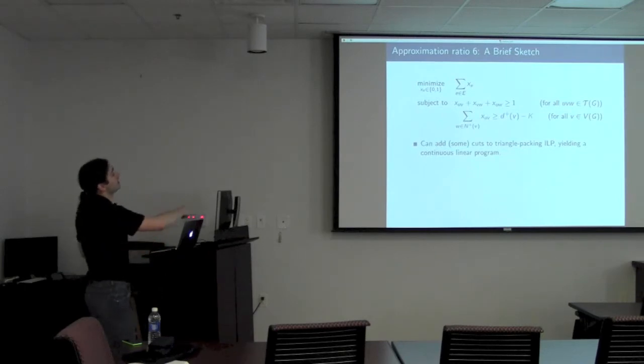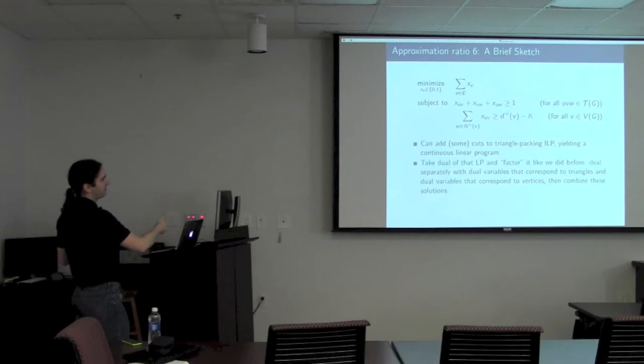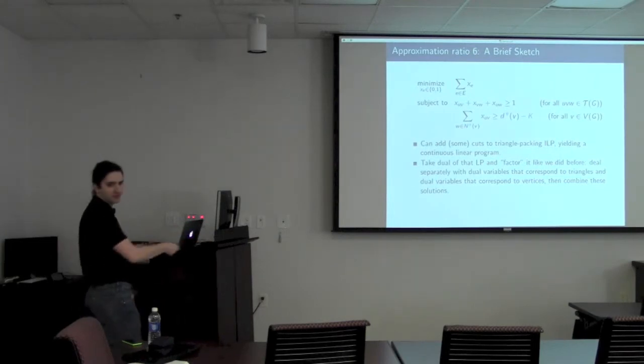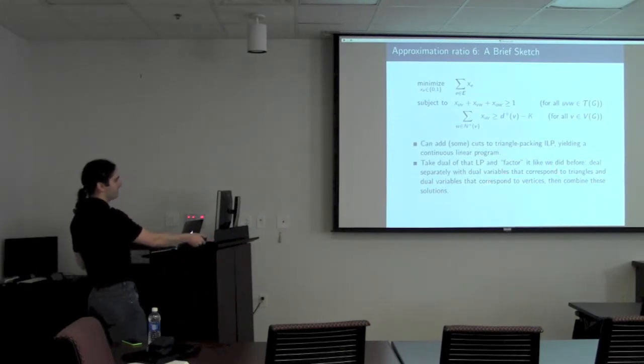So the idea is, we're adding some cuts to this integer linear program, and we get a real continuous linear program. And we're going to do this same kind of factoring trick that we did before. You can think of what we were doing before as separately dealing with the dual variables for the triangles and also the dual variables for the vertices, and then we put them back together.